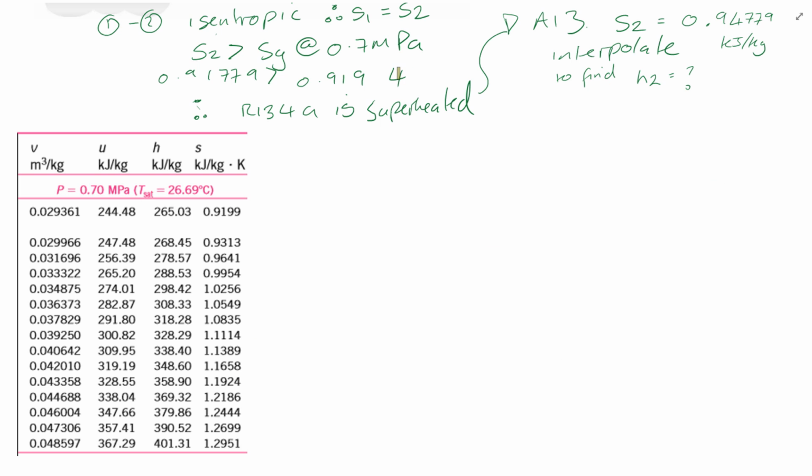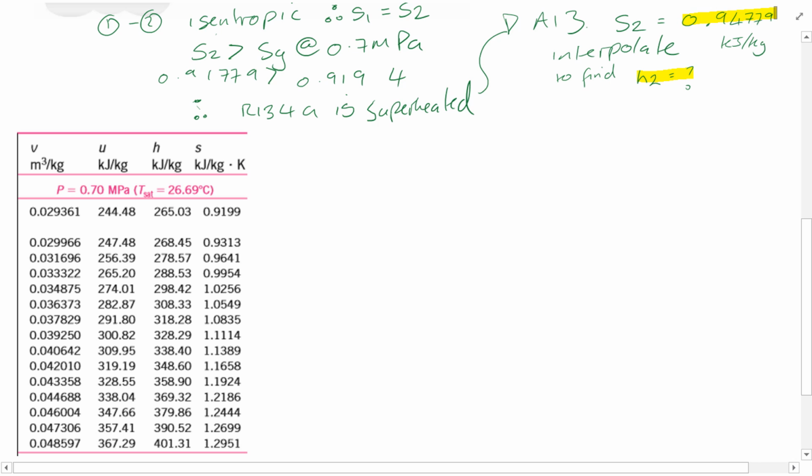Okay, I'm briefly going to run through the interpolation to find the corresponding H2 value, enthalpy, for the S2 that we found that was equal to S1. You already know how to interpolate, so of course you can skip this part of the video. The value we're interested in lies at this particular point here.